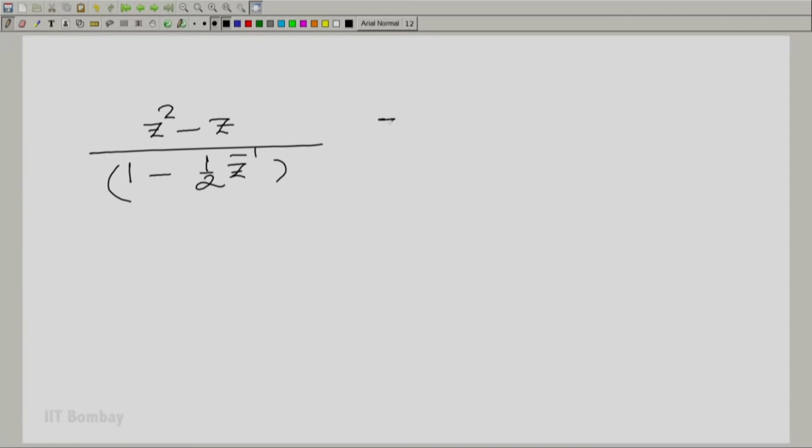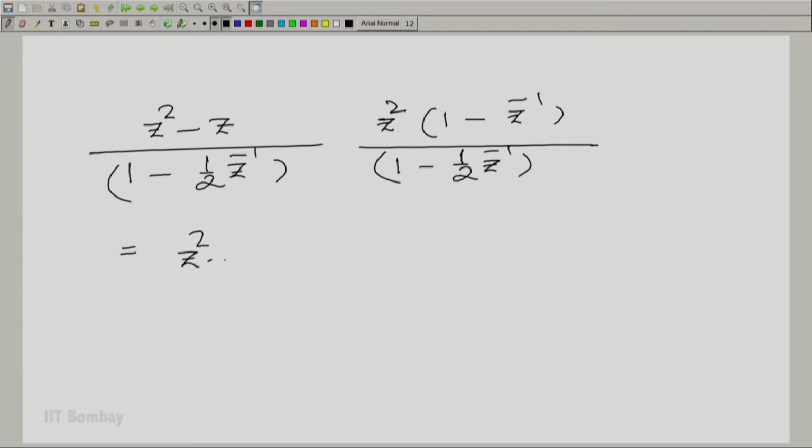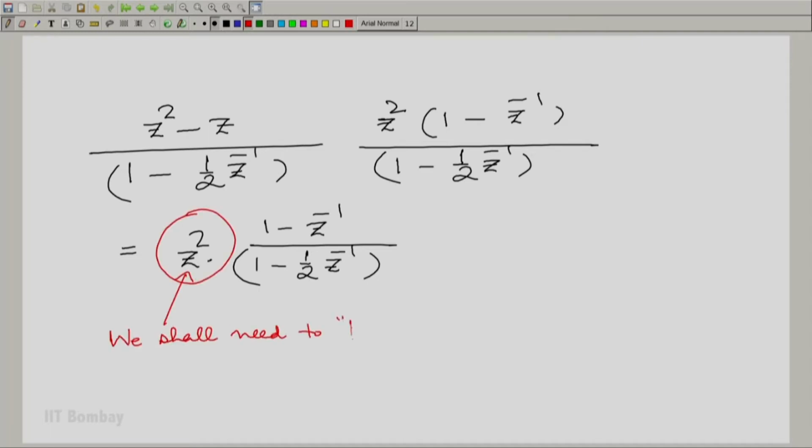You can take Z squared common from the numerator and write 1 minus Z inverse divided by 1 minus half Z inverse. So, this can be written as Z squared times a rational function in Z inverse. Now, as you can see, you will need to pull out a power of Z. So, it could be a positive or negative power of Z.